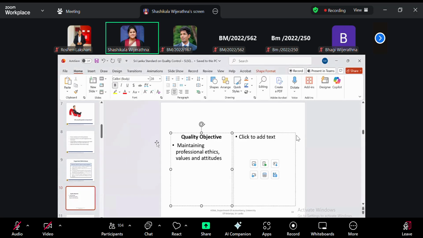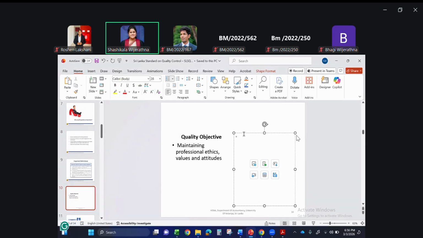But there can be a risk which prevents us from achieving this particular objective.